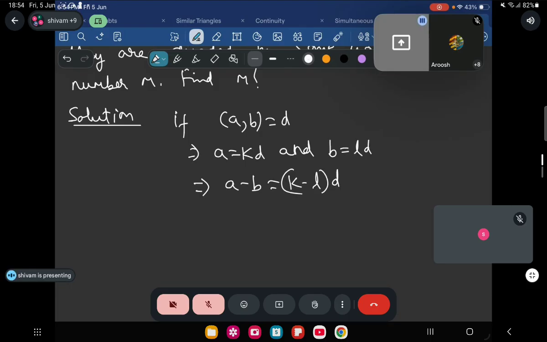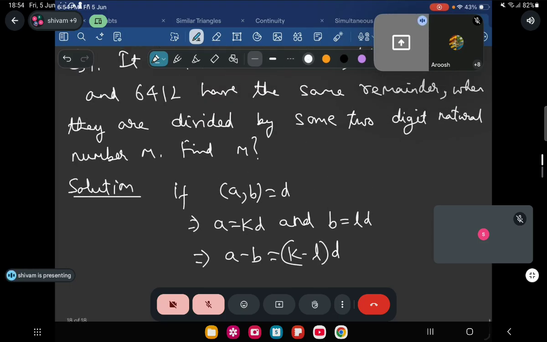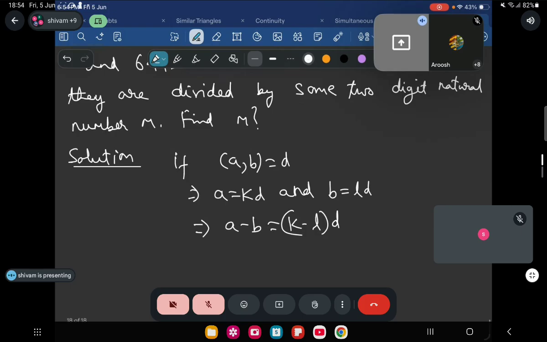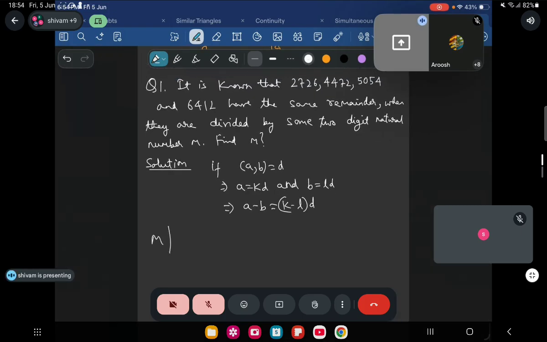Now see, M divides the difference of these two numbers. So can I say that M divides 4472 minus 2726? This implies M divides how much? What is the difference?